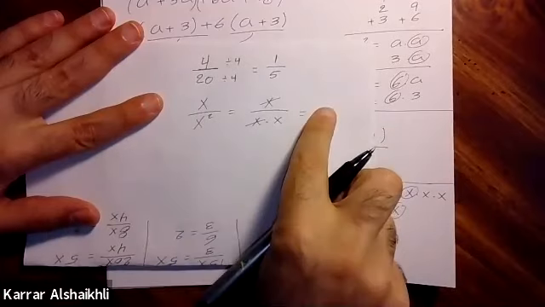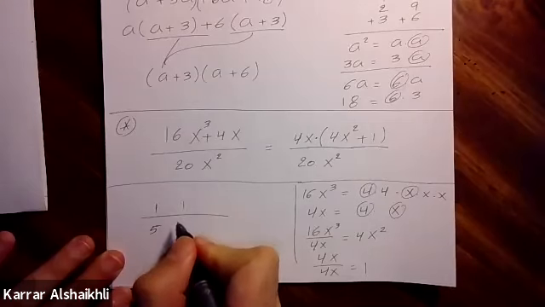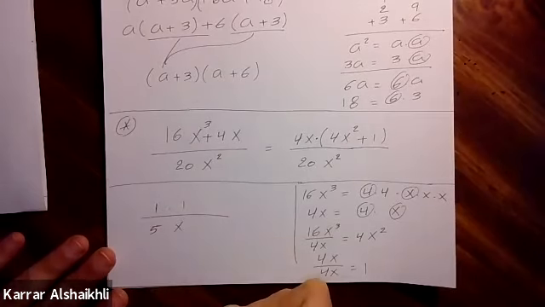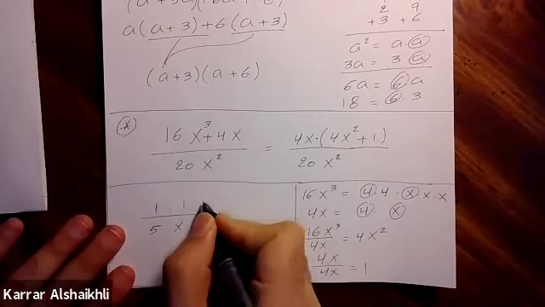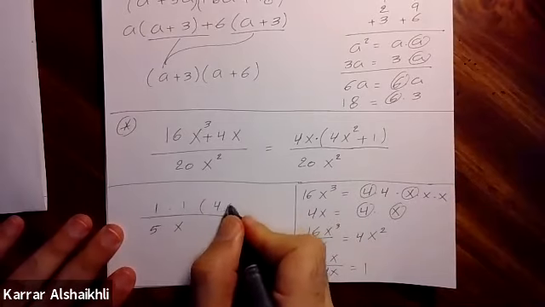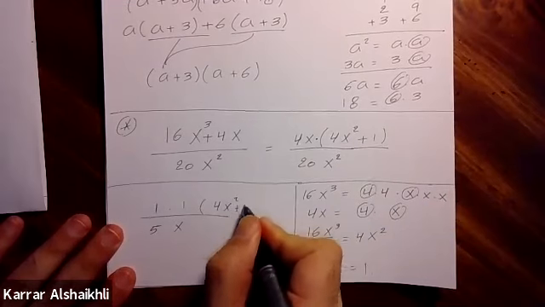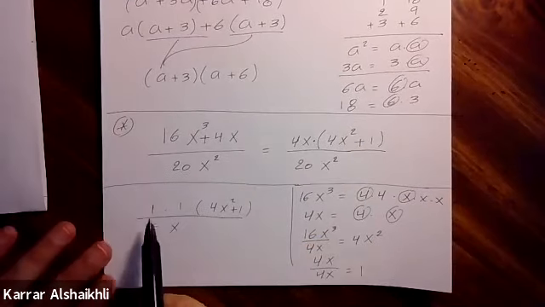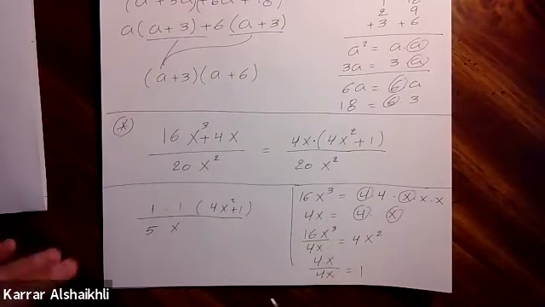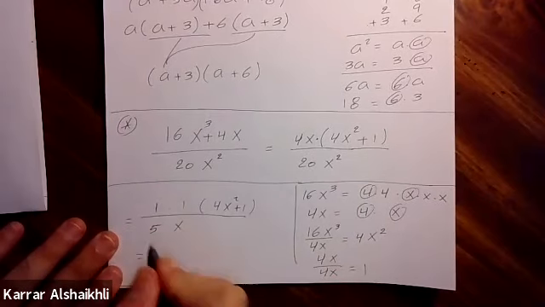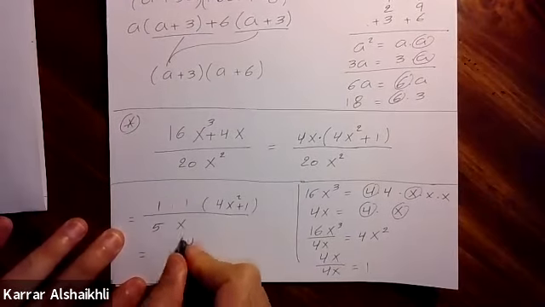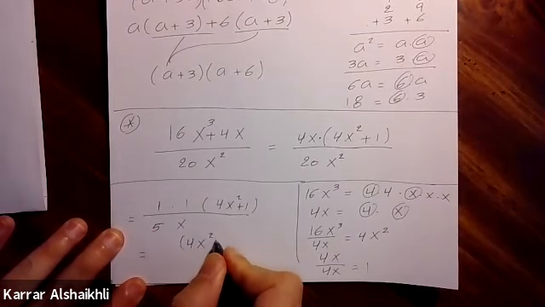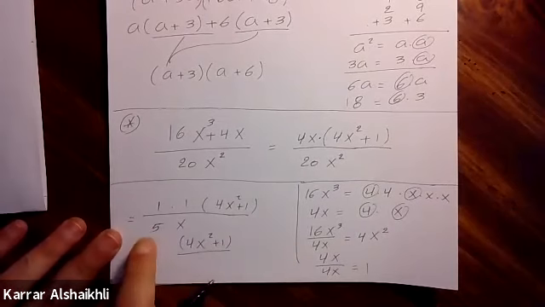What's the leftover on the top? 1 over x. So times 1 over x. And here's the parentheses, 4x squared plus 1. Now 1 times 1 is going to be 1. That means the result is going to be parentheses 4x squared plus 1 over 5x.